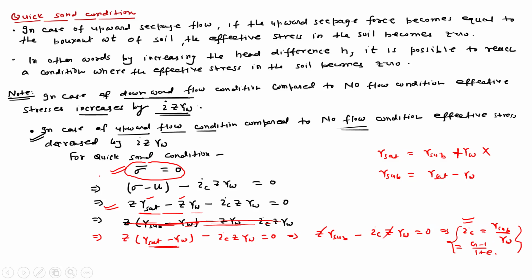Okay, and IC, in this case the final formula is i equal to gamma submerged by gamma w, and this is G minus 1 divided by 1 plus e, and i is equal to head causing the flow divided by length of flow.